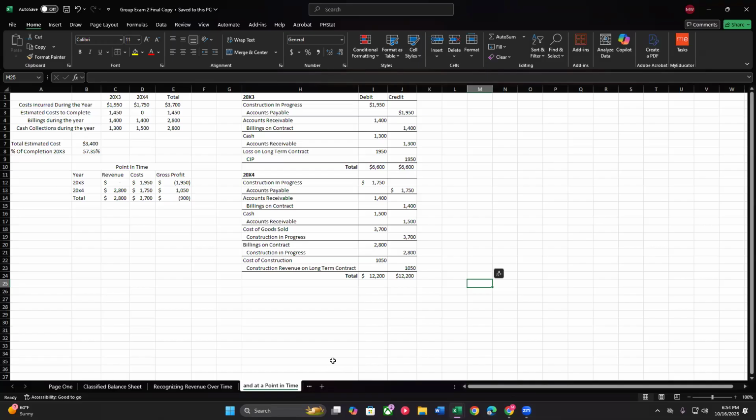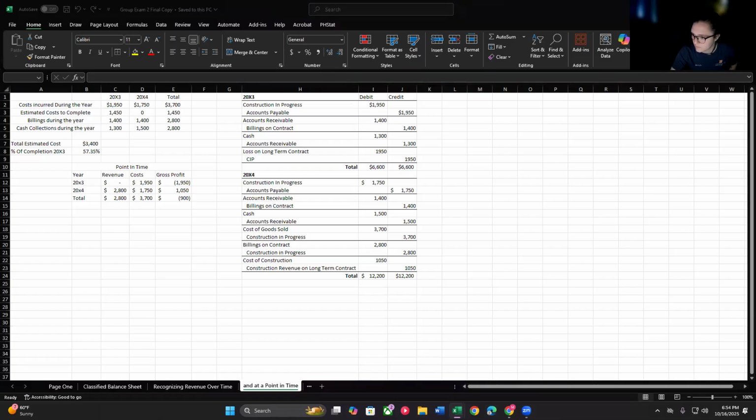I was just going to say I have a balance on construction in progress at the end now. I don't have a zero balance, unless I'm crazy. Yeah, the CIP and the billings on contract both should have a zero balance.